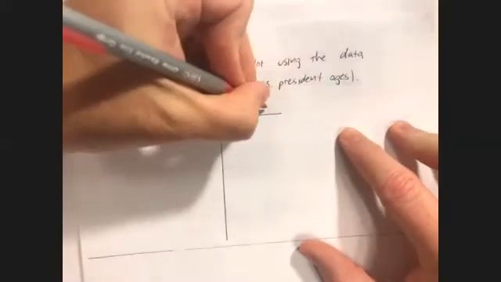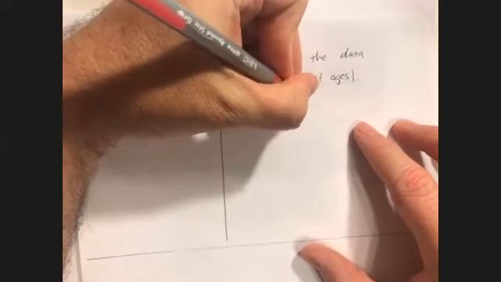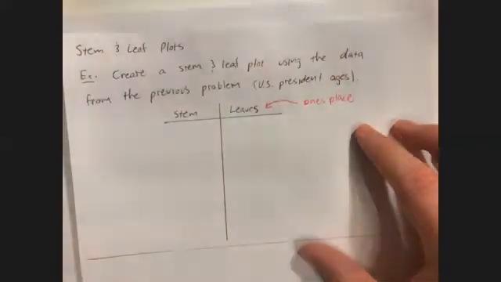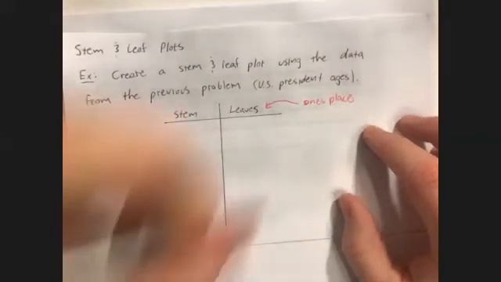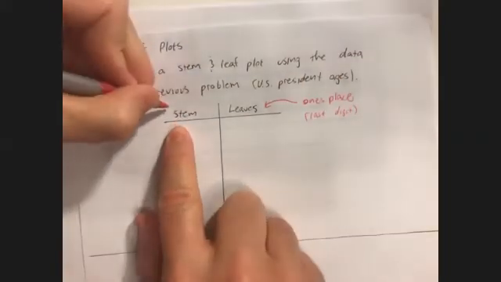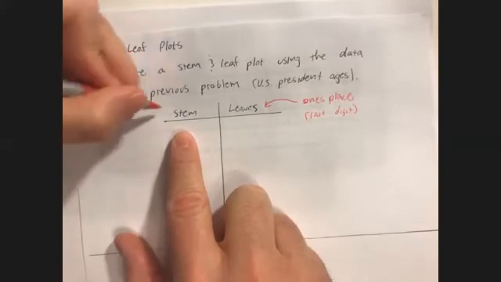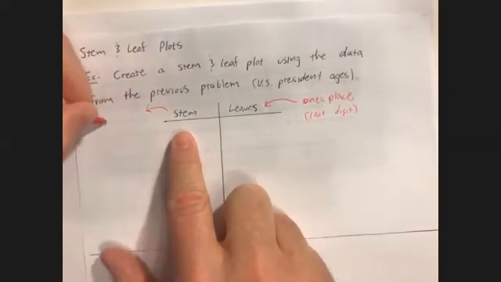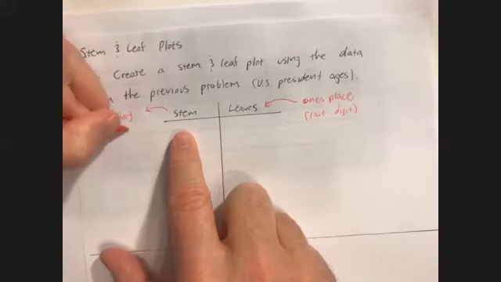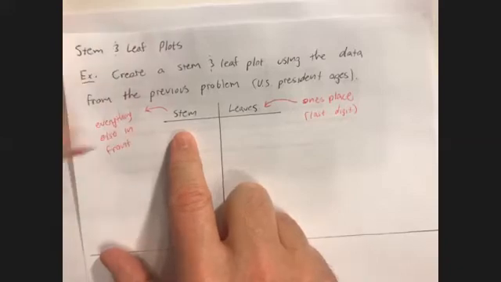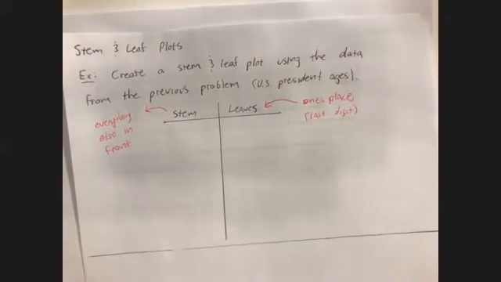So the leaves are the ones place, if you remember that. That's the last digit. And then this is everything else. Everything in front. For example.